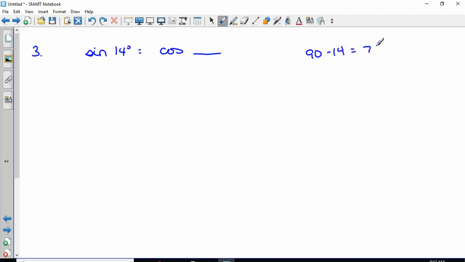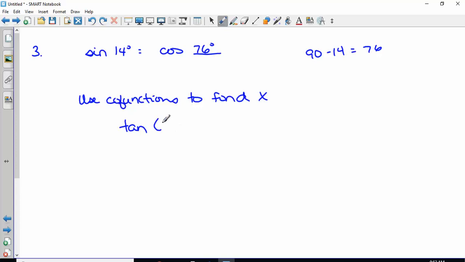14. Is it different with, like, if it was tangent? It would still be complementary. So, to answer that question, what if I said, use cofunctions to find x, and I said tangent of x plus 10 equals cotangent of 3x minus 5.